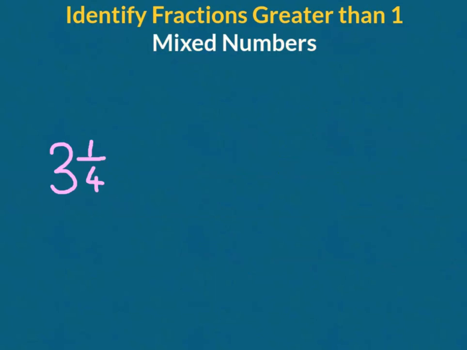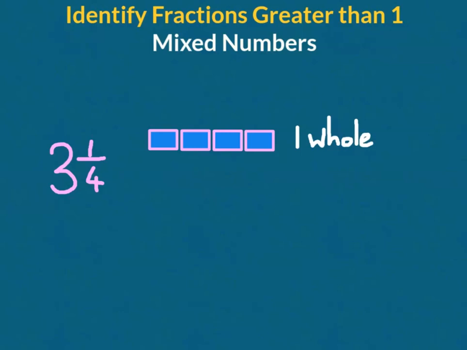This time we're going to look at changing mixed numbers into improper fractions. We can show it using visual representations. You ready? We know that 1 whole is 4 parts of 4. We know this from the denominator. So there we have 1 whole. 2 wholes.